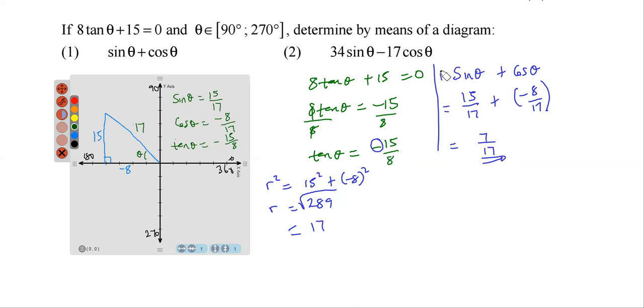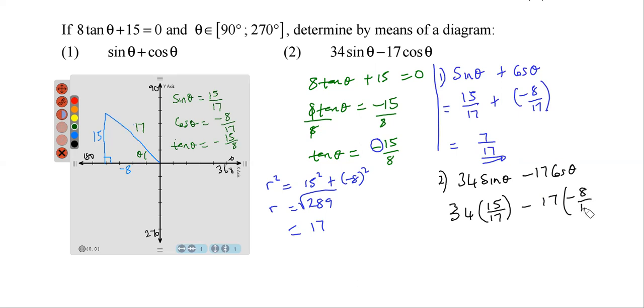Let's move on to the next one, which is 34 sine theta minus 17 cos theta. I like using another color so that we can see the difference between questions. What is 34 sine theta here? Sine theta is 15 over 17, minus 17 times -8 over 17.